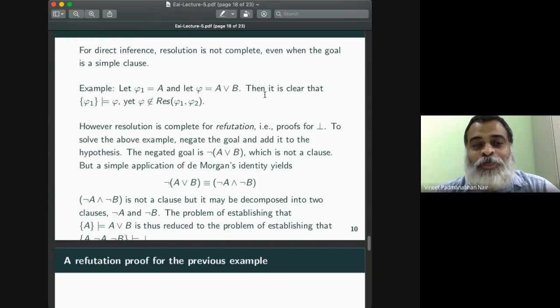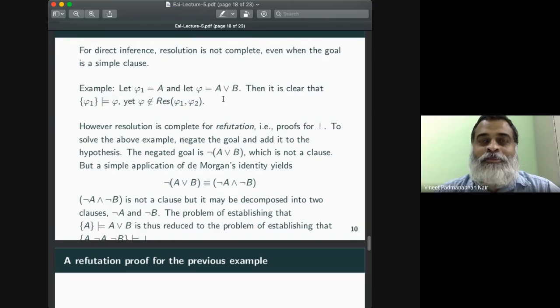So through resolution refutation, you can find that A or B follows from A, but through direct inference, you cannot. Once more, from A, you can get A or B. There is no problem. But if you apply the resolution procedure directly, you cannot prove that A or B follows.